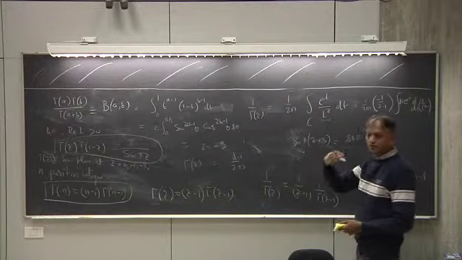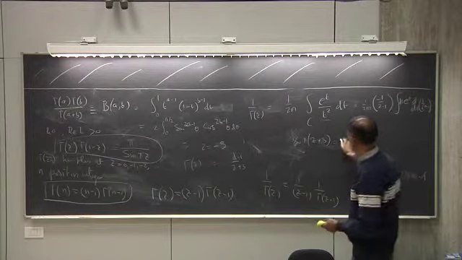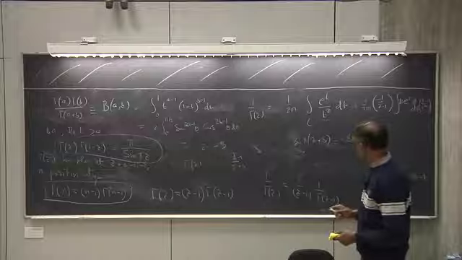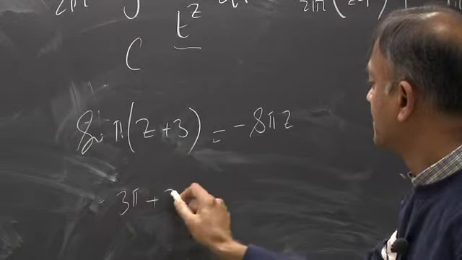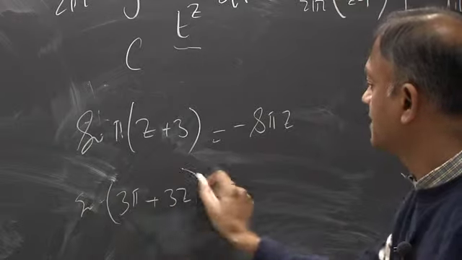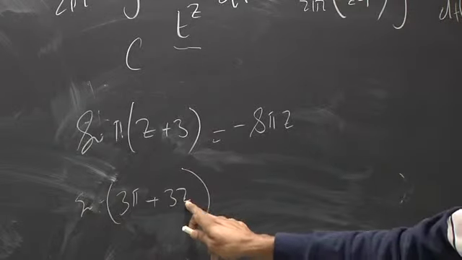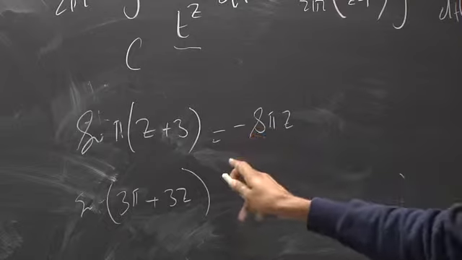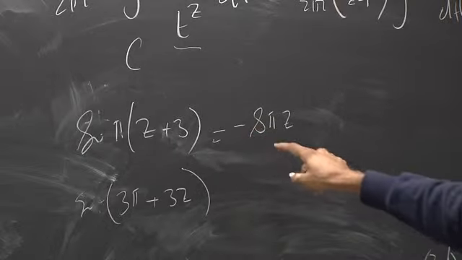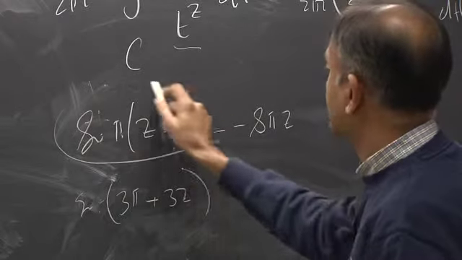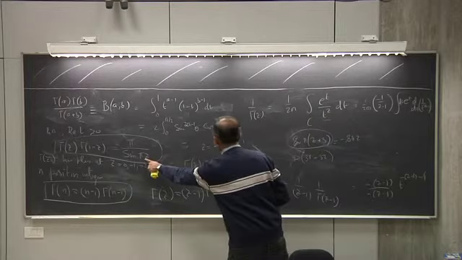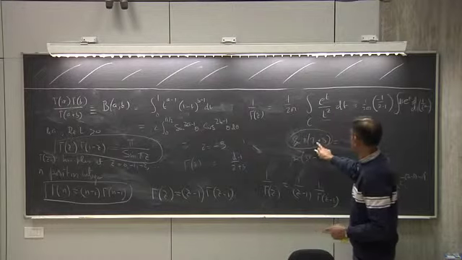And sine of 3 pi plus anything is a minus times the sine of the same thing. So I can replace sine pi z by minus sine pi times z plus 3.